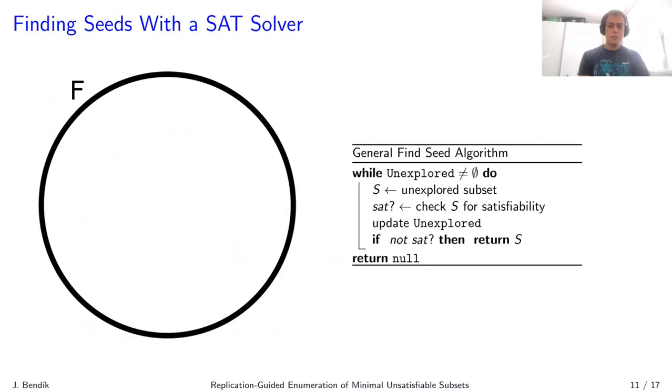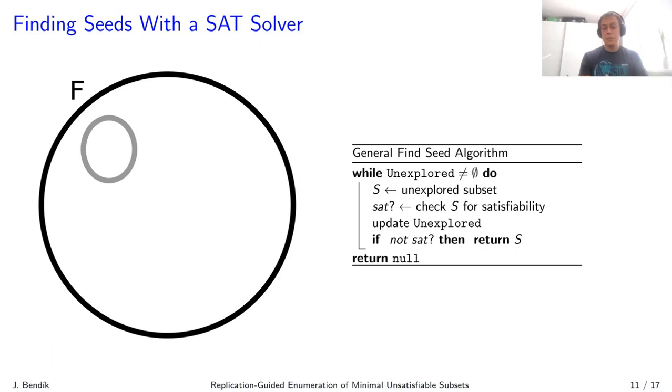So let me now show you how UniMUS identifies seeds using a subsolver. Recall that we represent the unexplored subsets with a Boolean formula called map, and to get an unexplored subset, we ask for a model of map. Let me call this subsolver a map solver. Assume that this black circle is the input set of clauses. To find a seed, we ask the map solver for an unexplored subset. So for example, let's say that we get this unexplored subset.